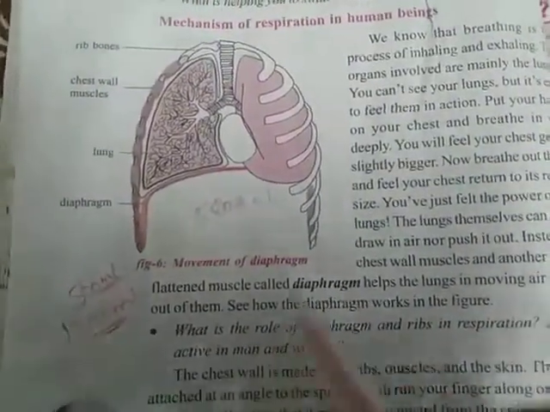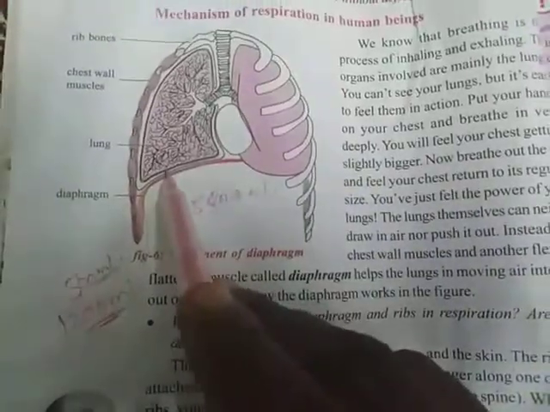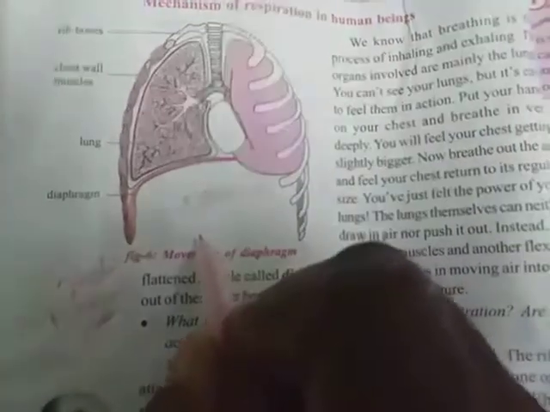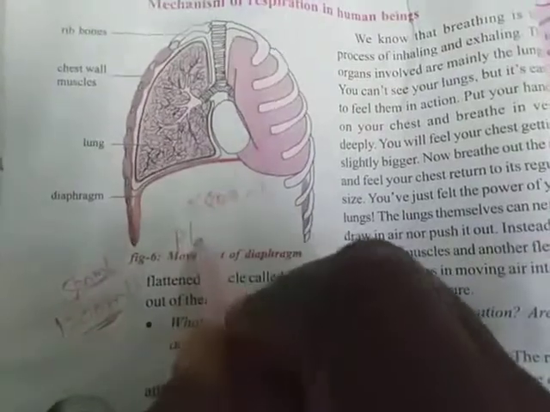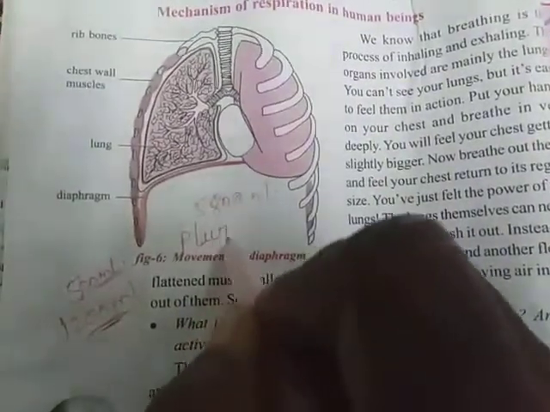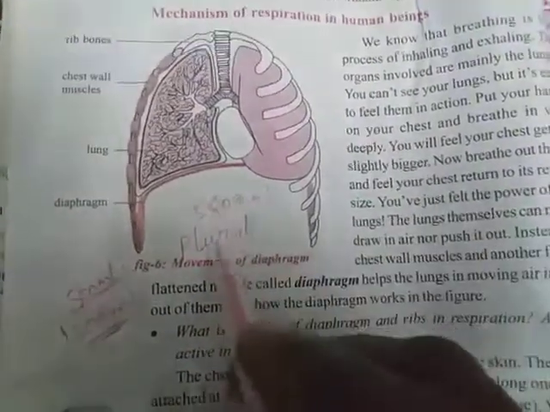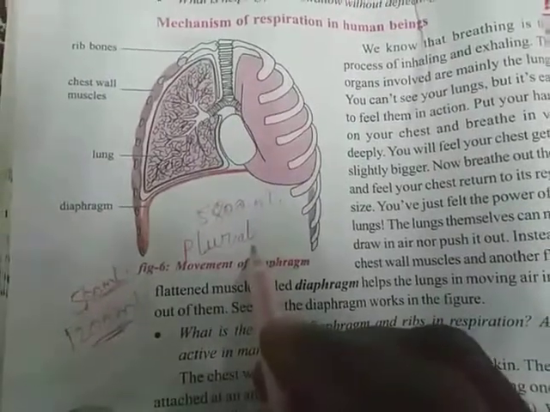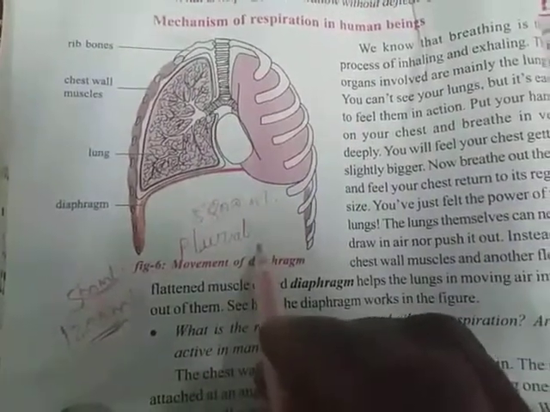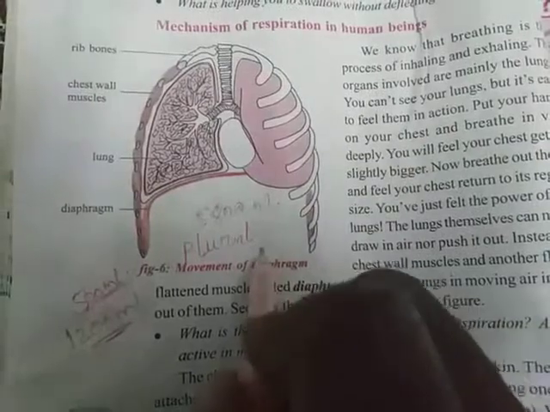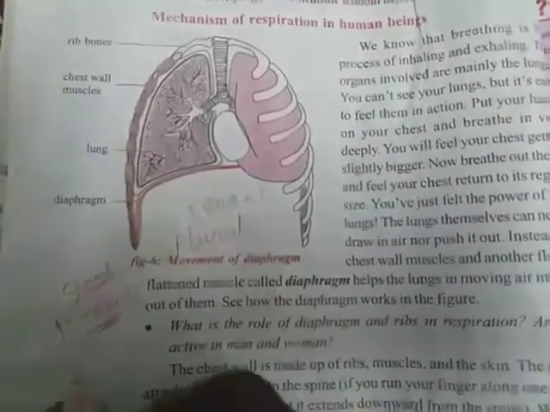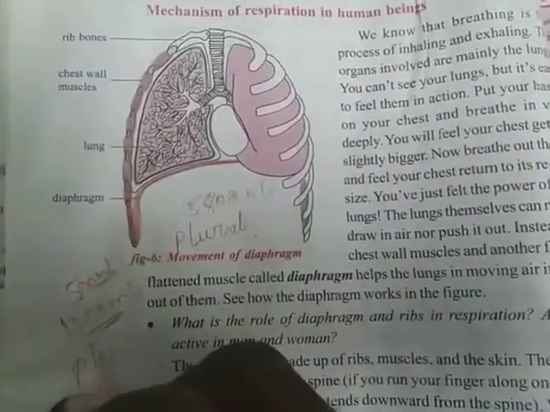If you observe, our lungs are protected by two membranes. These membranes are called pleural membranes. In these membranes, there is a fluid. That fluid is called pleura.